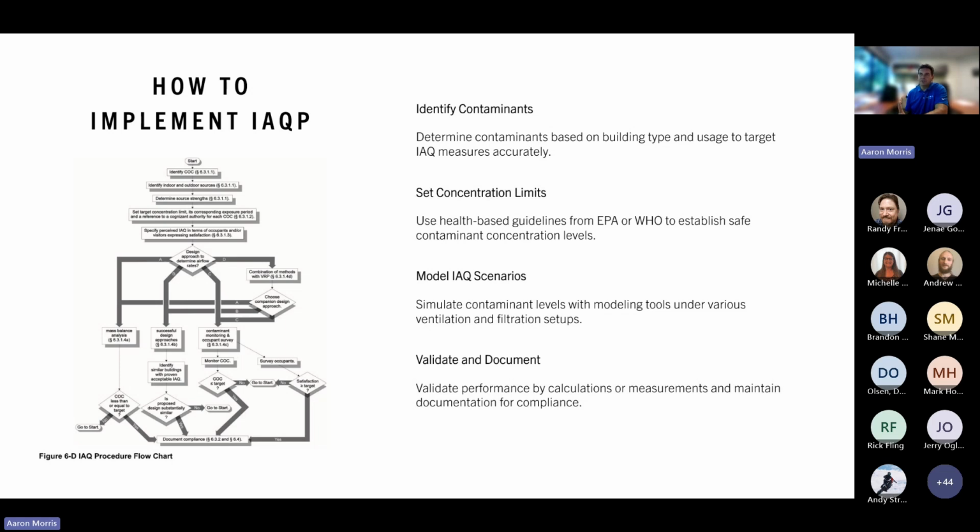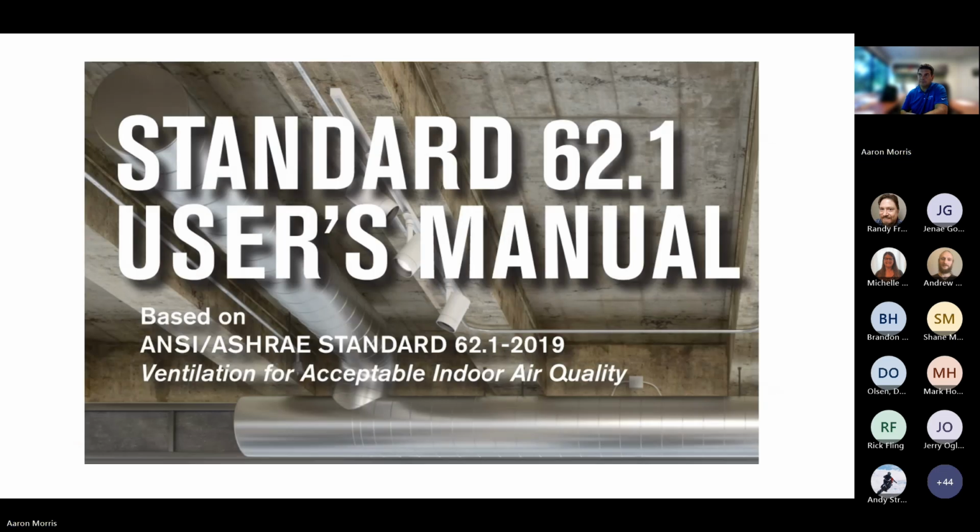On the left, that flow chart we're looking at actually comes from ASHRAE's Standard 62.1 User Manual, and walks you through the thought process and the flow of using IAQP for your building. So that Standard 62.1 User Manual is definitely a helpful tool.